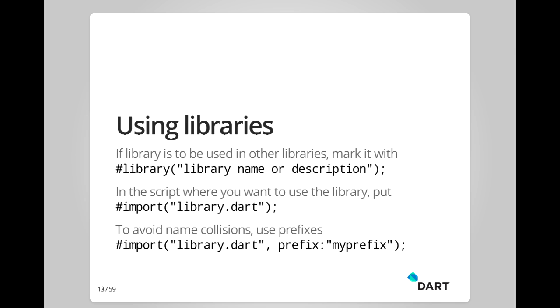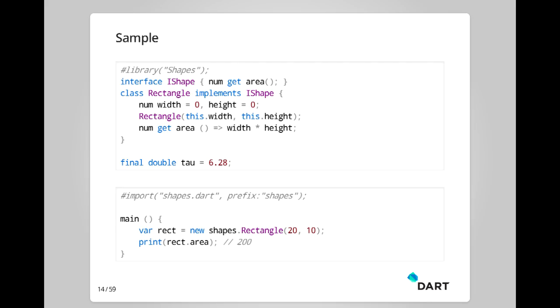And to avoid name collisions, of course, we can prefix all the classes from that library with some custom name. Here, for example, I defined library shapes with a basic Rectangle class implementing the IShape interface. Then in the second script, I'm importing that library and instantiating the Rectangle class.